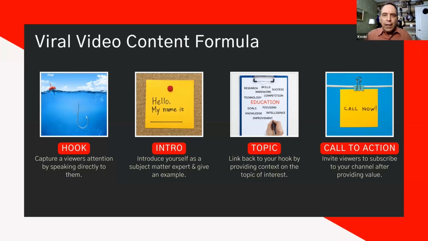And a trick in doing this, here's pro tip number 2, is really to start as if you're in a conversation with them already. So always speak directly to them. If you use words like you or how or if to start the conversation, for example, if you're looking to buy a home in 2024, but don't know where to start, watch this video, or start here, or click here.